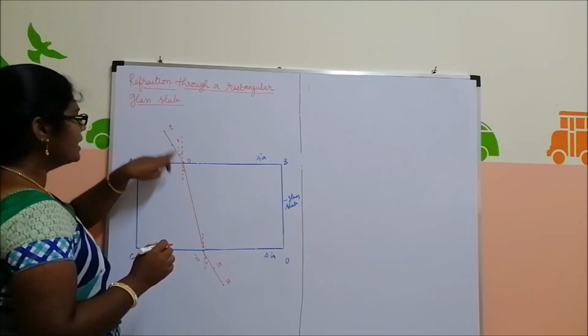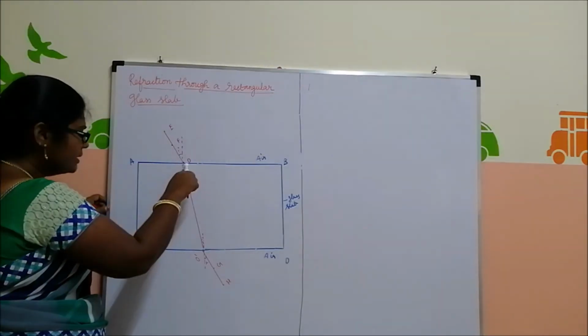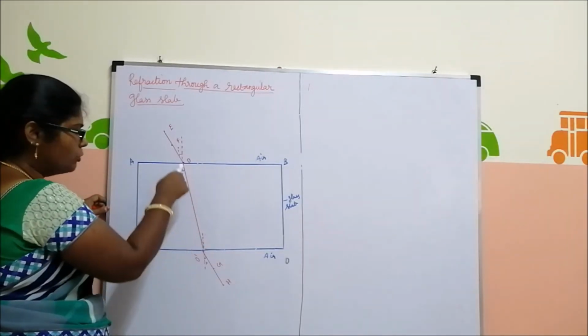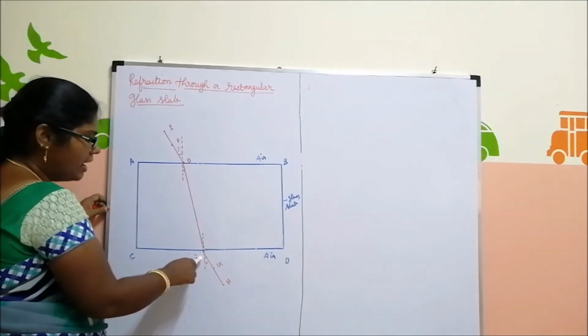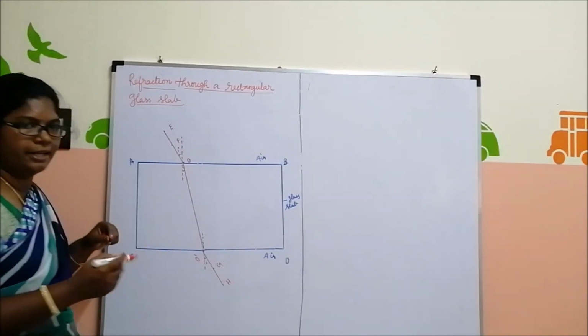Here the ray EO is the incident ray and the ray O O dash is the refracted ray. This portion is the refracted ray and this portion O dash H is the emergent ray.